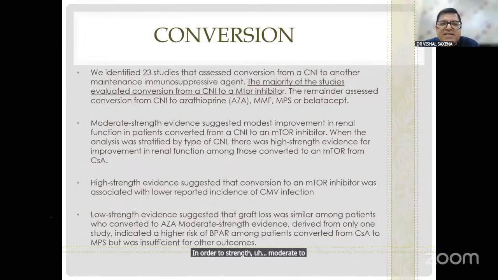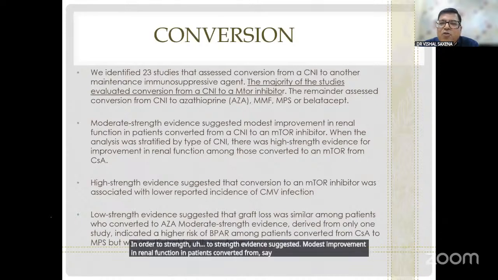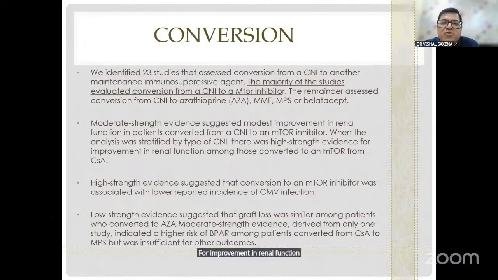Moderate strength evidence suggested modest improvement in renal function in patients converted from CNI to mTOR inhibitor. When the analysis was stratified by the type of CNI, there was high strength evidence for improvement in renal function amongst those converted to an mTOR inhibitor from cyclosporin.